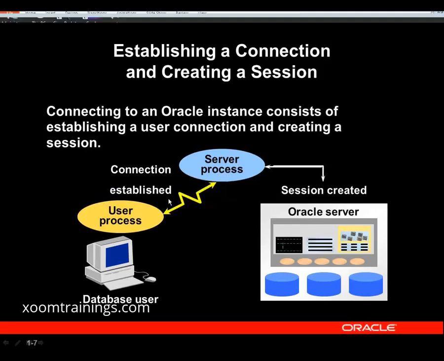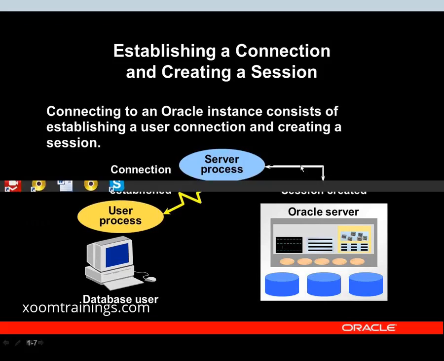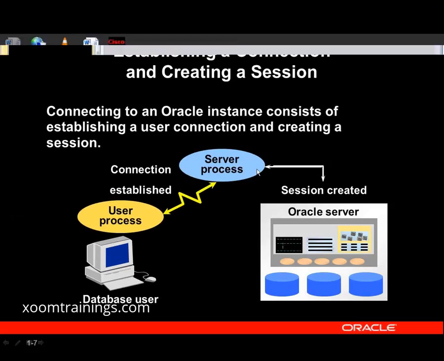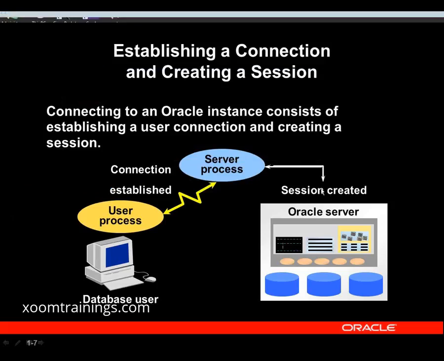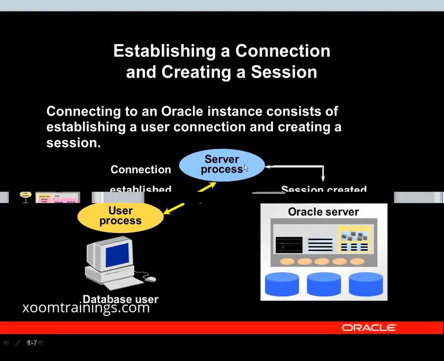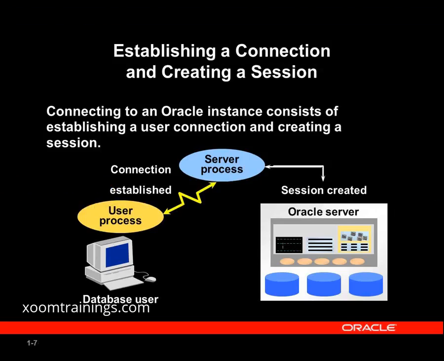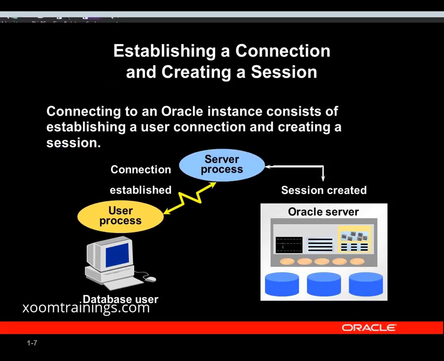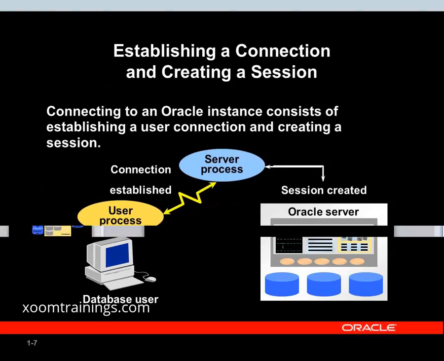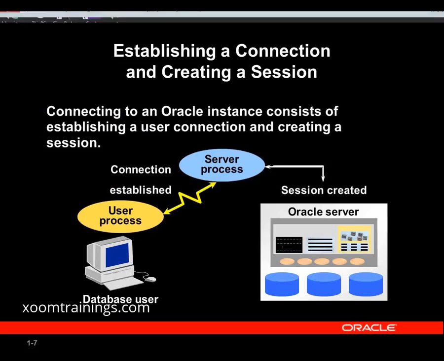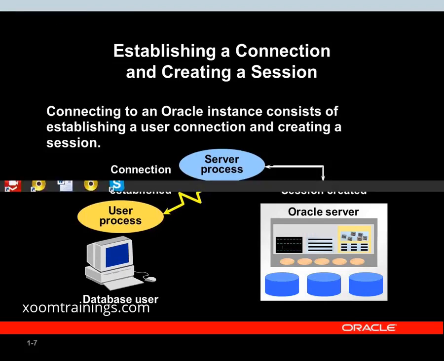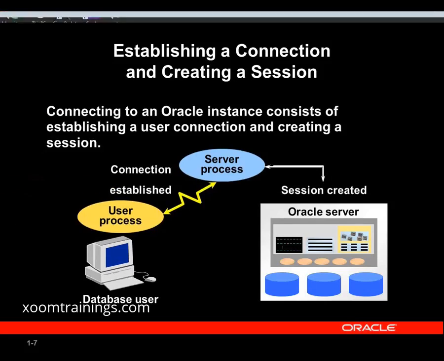Once a connection is established, the user can fire commands, such as insert, update, delete, related to the database. Then the actual session is started. Session means what? When the user connects and starts some commands like transactions, let's say DML or DDL, that is a session for that particular user. One user could have multiple sessions.